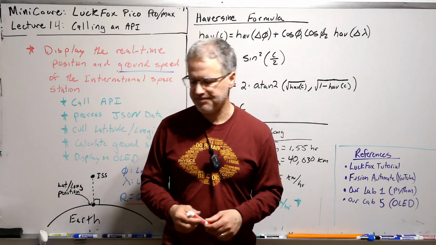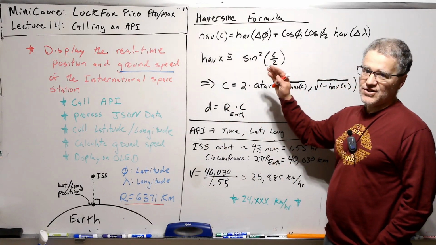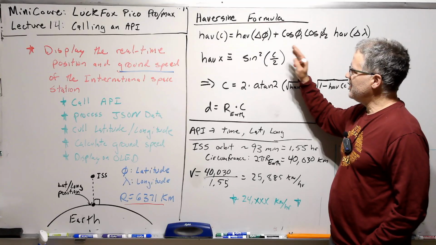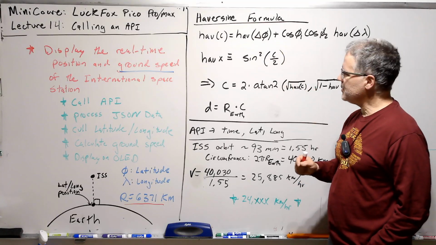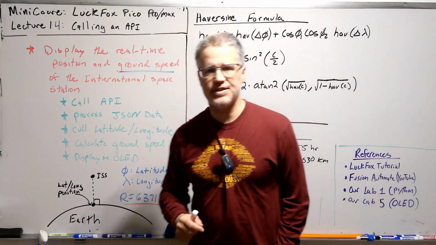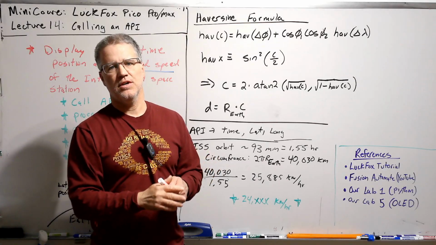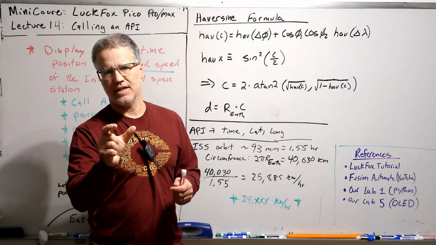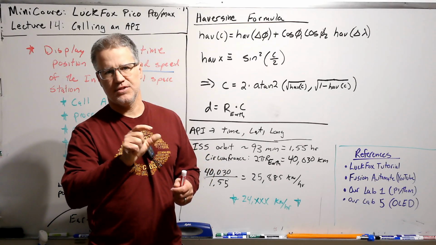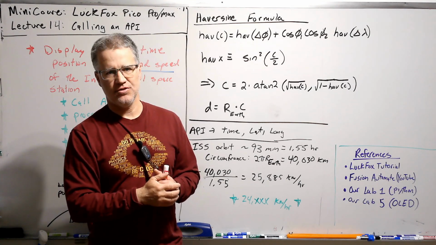Okay, so to do this, this was a fun one for me because I've never really used this formula. This is called the Haversine formula, and it's used often in navigation on the globe for calculating the distance for small changes in latitude and longitude.